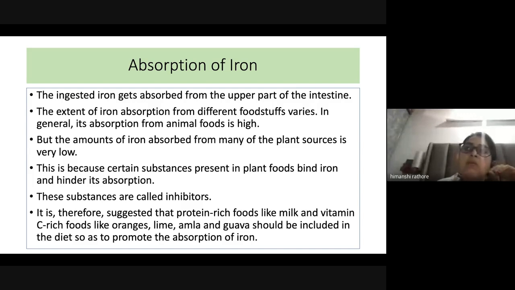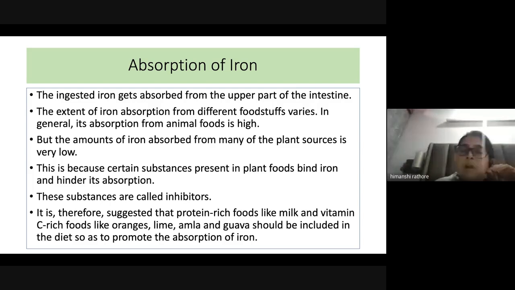While discussing vitamin C, I already said that its function is to help in the absorption of iron. So when you are having spinach, your lunch or your dinner, it is advisable to have a lemon with it, or to have amla in the form of pickle, sabzi, or vegetarian curry.